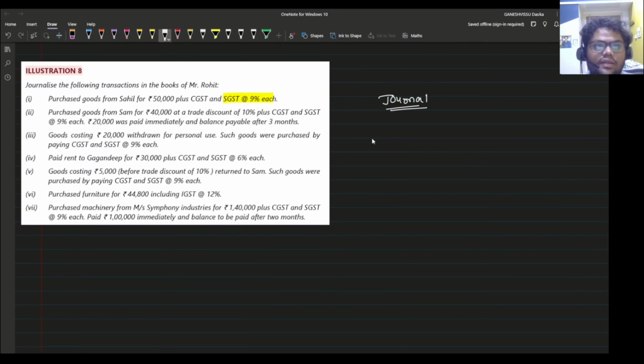So I have taken Illustration number 8, which is from the ICAI study material. I think you can check it from the BOS portal on the ICAI website.